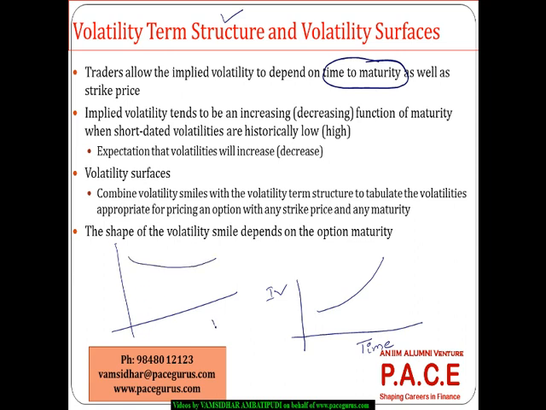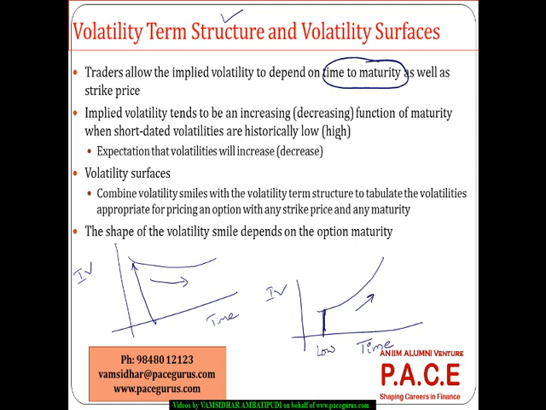Now where do I find the difference? This is where it says that if the short term volatility is very low, as the time passes we see that the volatility is going to increase. But if the short term volatility is much higher, we see that as the time passes the volatility keeps going down.